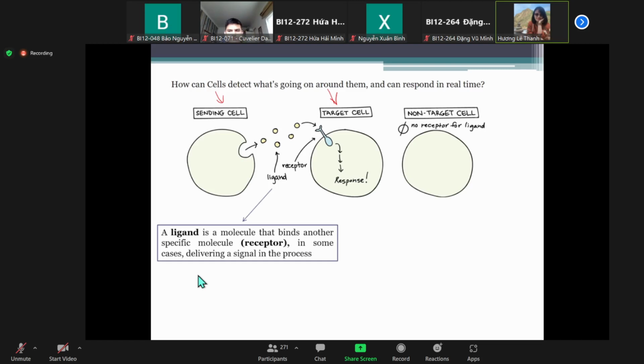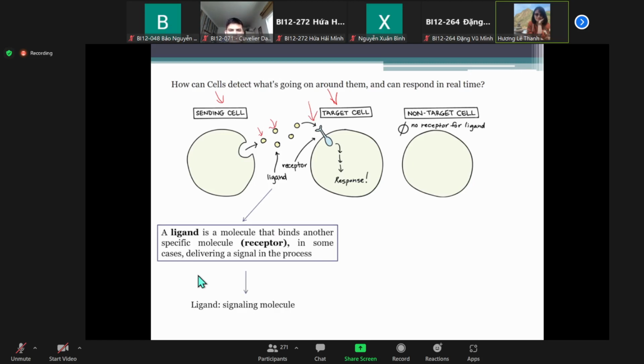The sending cell sends small pieces we call ligands. They may be proteins expressed in the form of small vesicles, or free compounds in the body fluids. Ligands are molecules that can bind to a specific receptor on the target cell, and in some cases deliver a signal in the process.